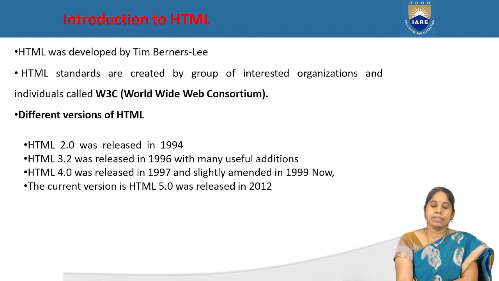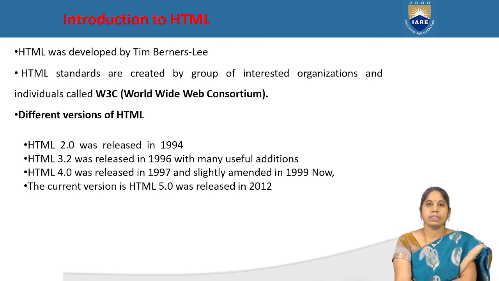Who was the developer of HTML? HTML was developed by Tim Berners-Lee, and the HTML standards are created by a group called W3C, the World Wide Web Consortium. How many versions of HTML exist? HTML has existed since the 1960s onwards, and HTML 2.0 was released in 1994 with little improvements.